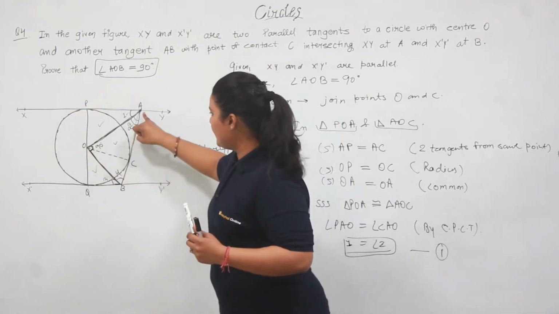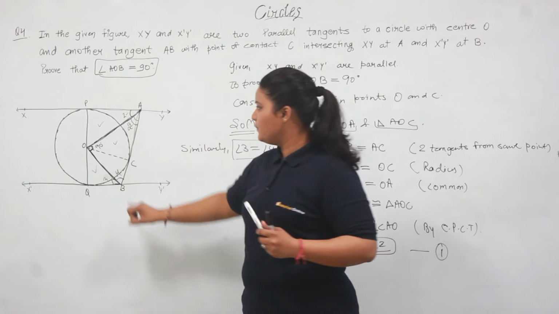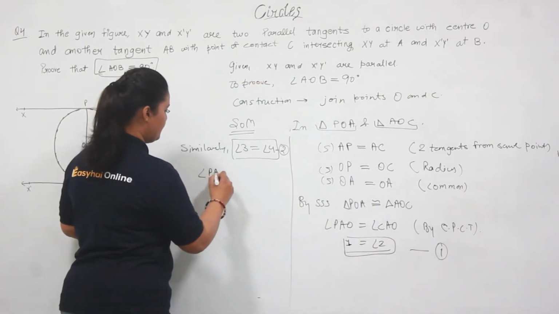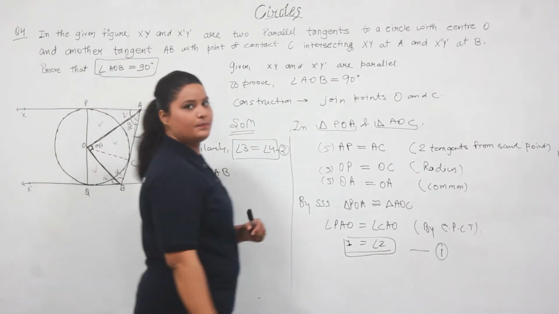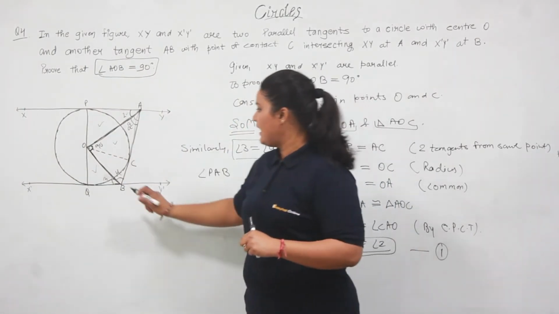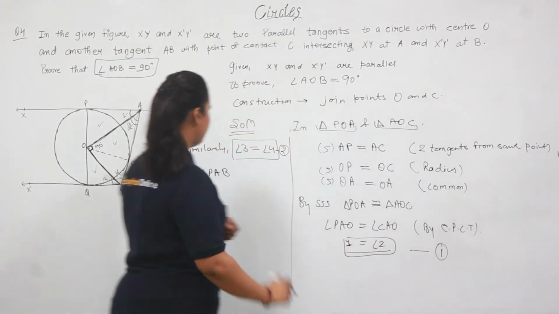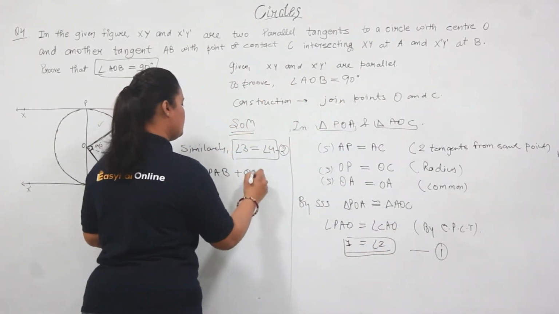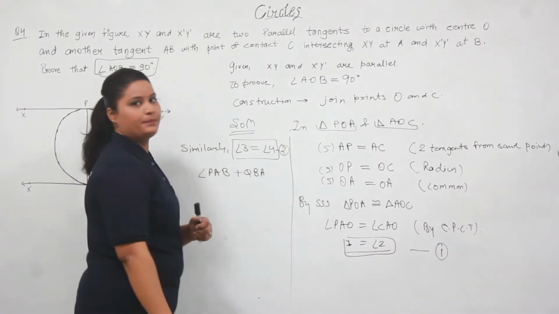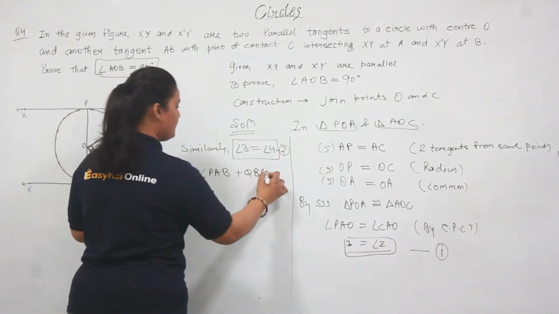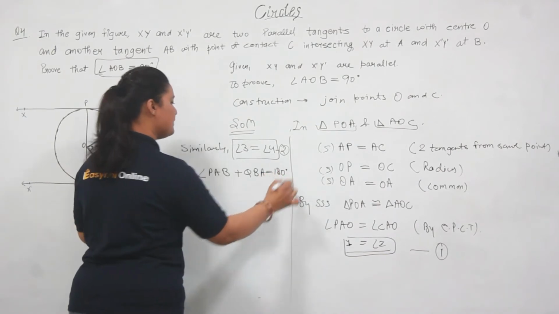In angle PAB, just see angle PAB and angle QBA. When I add these two angles, it will make 180 degrees.